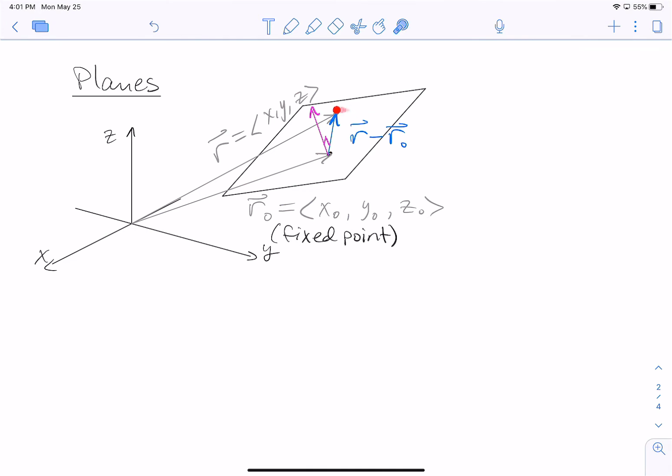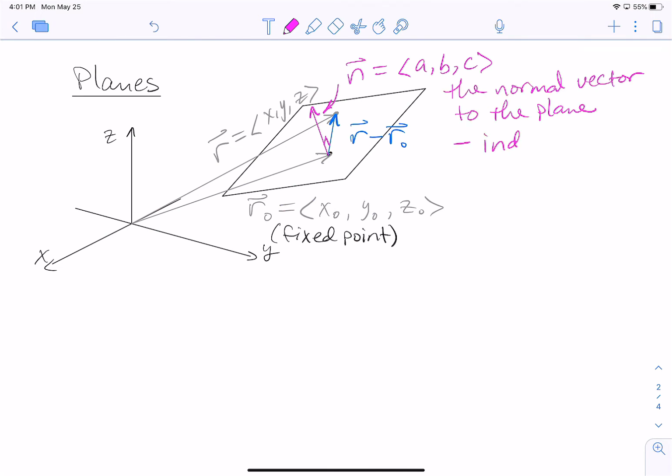You see, while there are multiple angles within the plane for any lines to exist on, there's only one right angle against the plane. We call that vector n. We're going to give it components a, b, and c, and n is the normal vector to the plane. It indicates a direction for the plane.